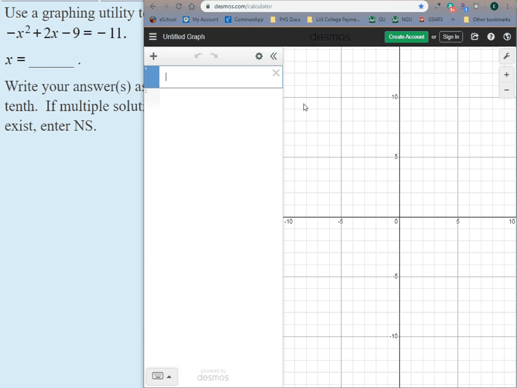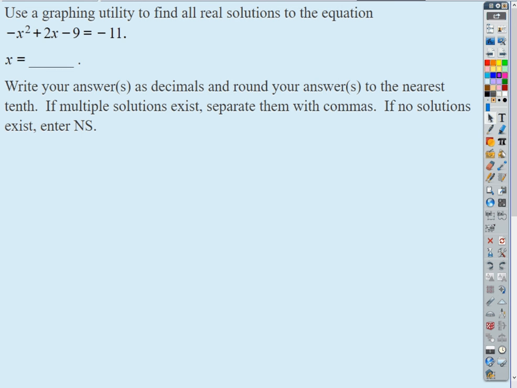Everybody see this? Let me say one other thing. So this is like saying, when is this expression equal to -11? Everybody get that? So the function I'm using, it's like saying f of x is the very same question as saying f of x equals -x² plus 2x minus 9.